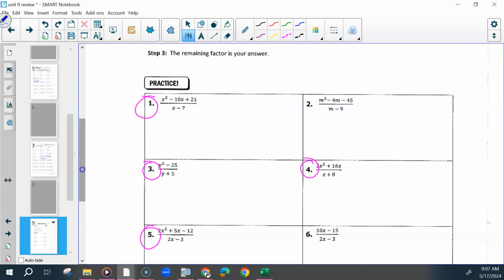So this is a trinomial where a equals 1. So we're looking for two numbers that multiply to be 21, that add or subtract to be negative 10. What two numbers will work? 3 and 7, if they're both negative. So that would be x minus 7 and x minus 3. And you would put those both over your denominator. You have like factors, cancel those out and see what's left.